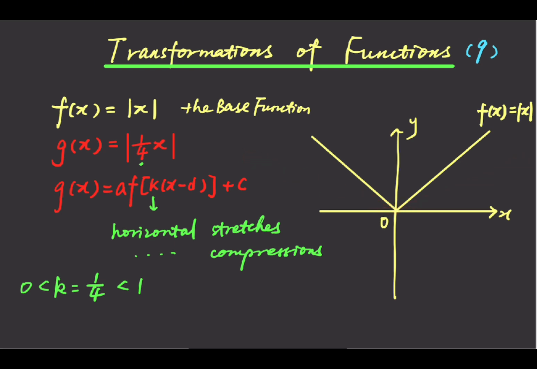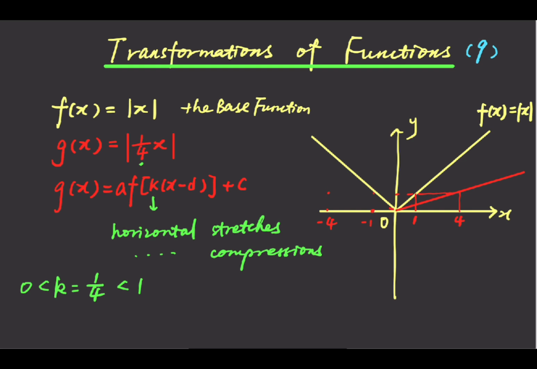So we can figure out that if here is 1, here it should be 4. Assume here it is 4. Now it is -1, it should be -4.